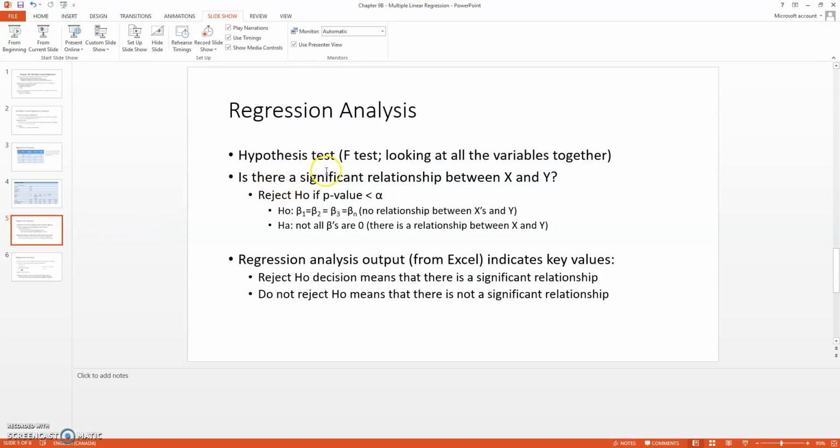There's the hypothesis test for the overall test for the model. Reject the null hypothesis if the p-value is less than alpha. The null hypothesis is written as this, that all slopes are the same and they equal 0. And the alternate hypothesis is that they do not equal 0.